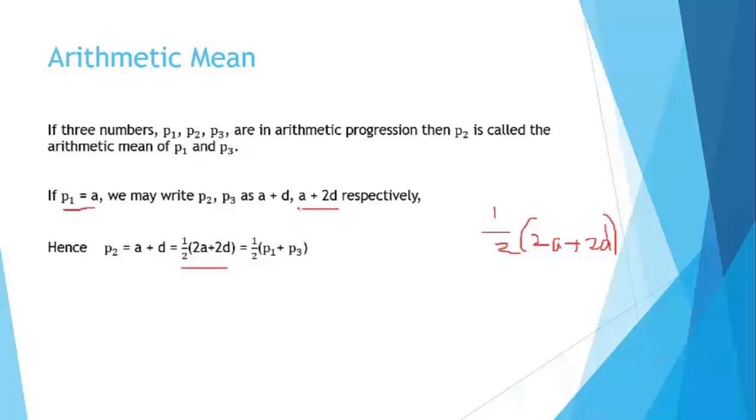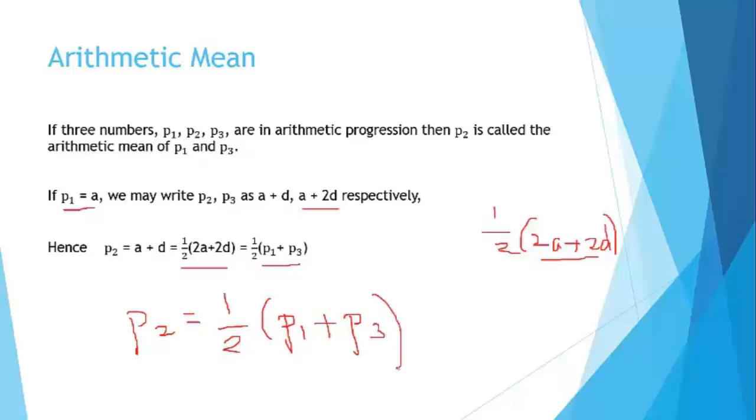So a plus a plus 2d equals 2a plus 2d. That's how we get p1 plus p3 over here. So p2 equals half of p1 plus p3. That is, the arithmetic mean of two numbers x and y is half of x plus y.